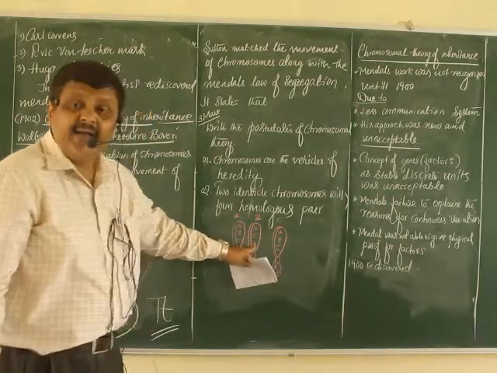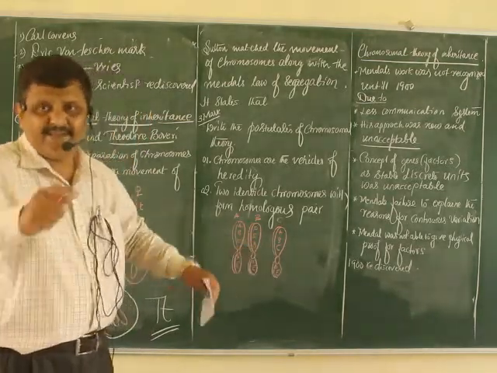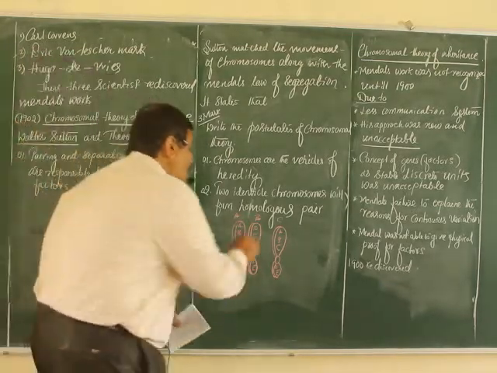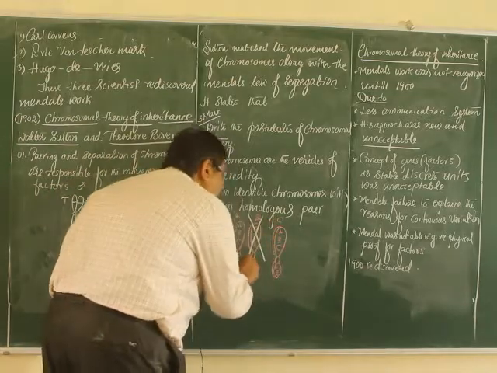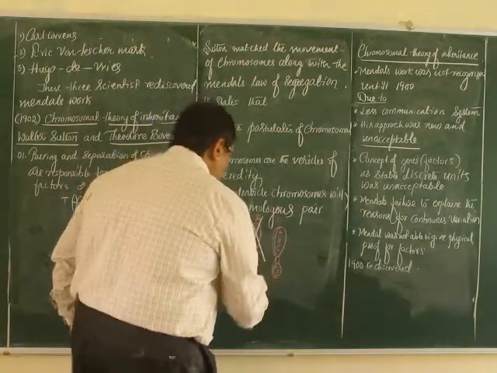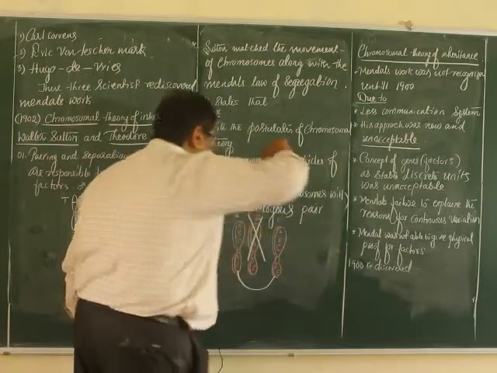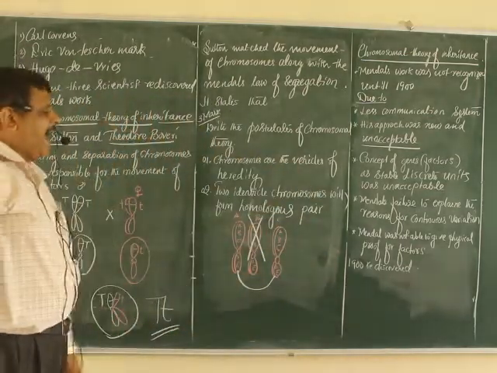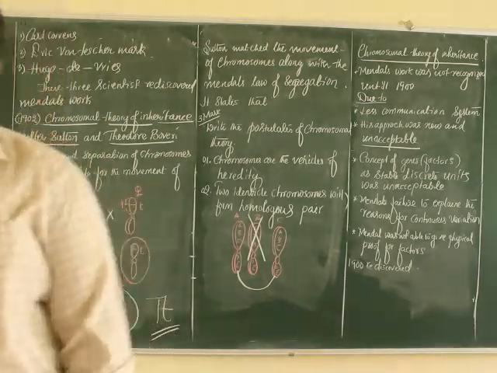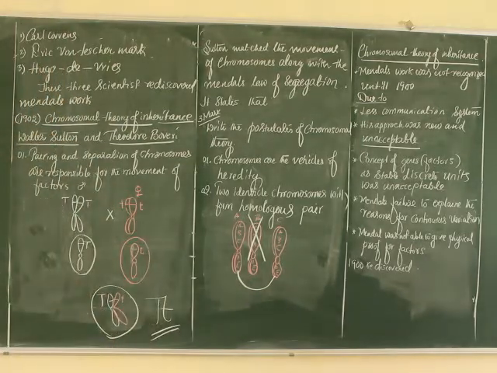And the third allele, instead of C, it is B. That means the position is shifted. So B is not homologous with A. B is not homologous to C, but A and C are homologous. Now you got the idea. What do you mean by homologous pair? I hope it is clear to you.